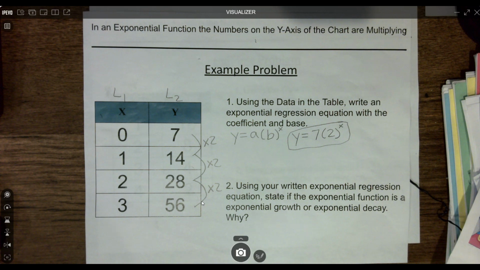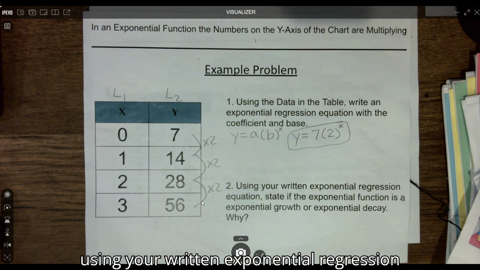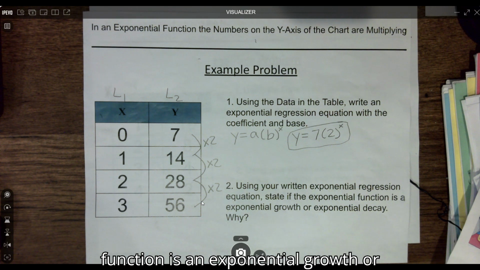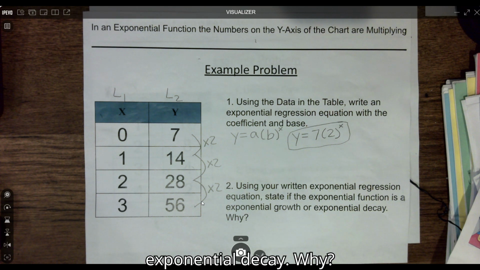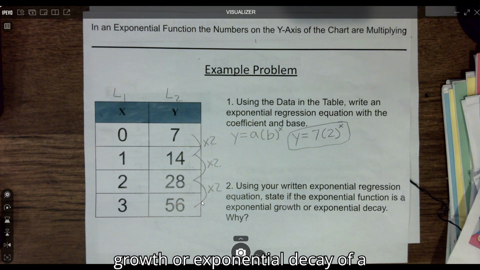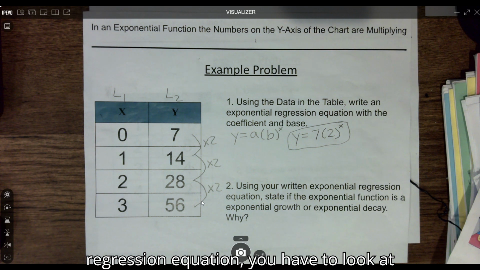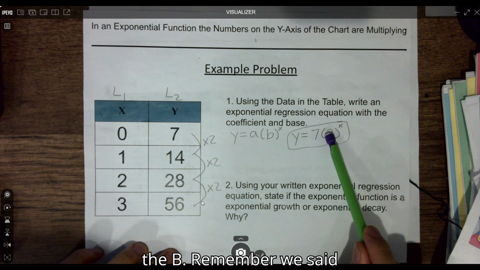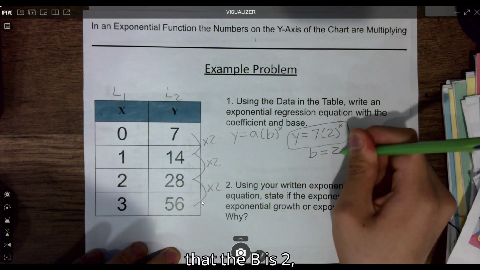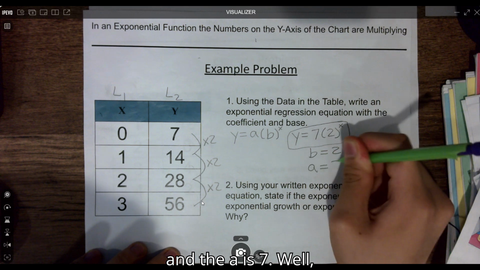Number 2. Using your written exponential regression equation, state if the exponential function is an exponential growth or exponential decay. Why? Well, in order to find the exponential growth or exponential decay of a regression equation, you have to look at the b. Remember, we said that the b is 2 and the a is 7.